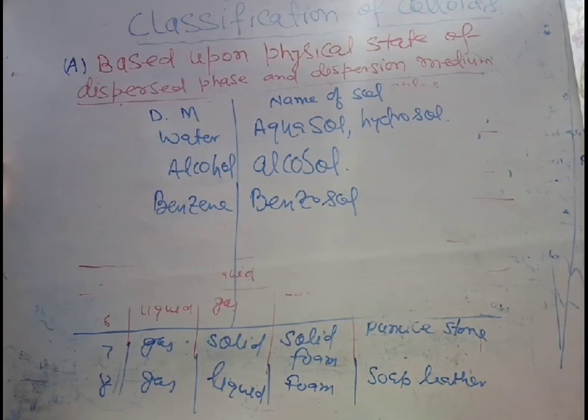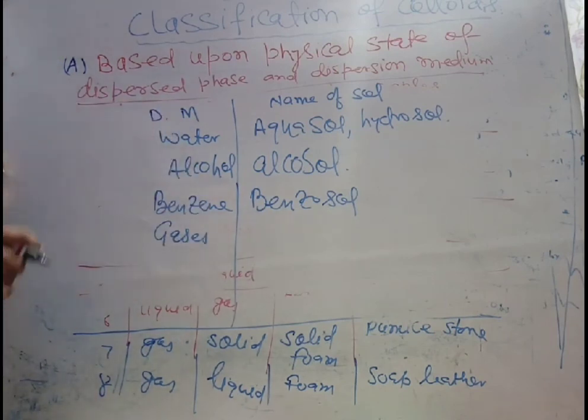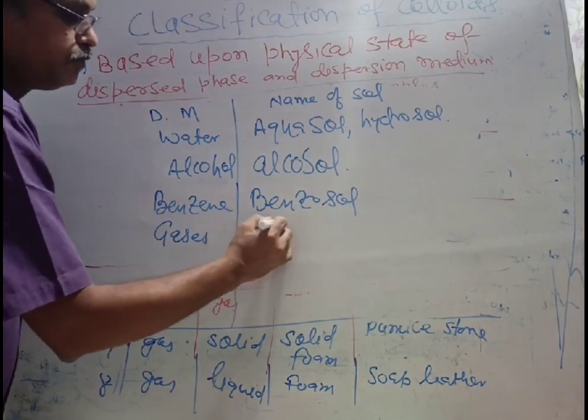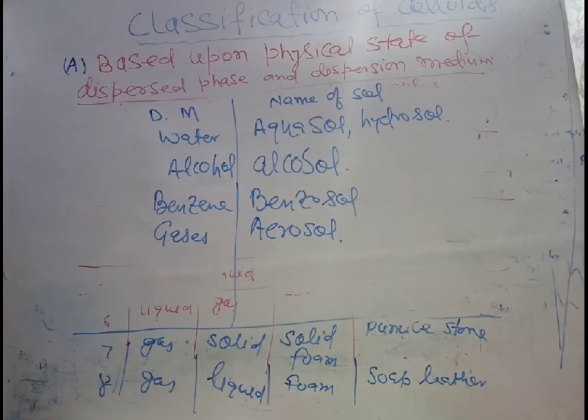Similarly, something dispersed in gases, you have seen here the solid dispersed in gas, liquid dispersed in gas, these are known as aerosol. Right. So these are the special names given to the colloidal solution on the basis of the name of dispersion medium.